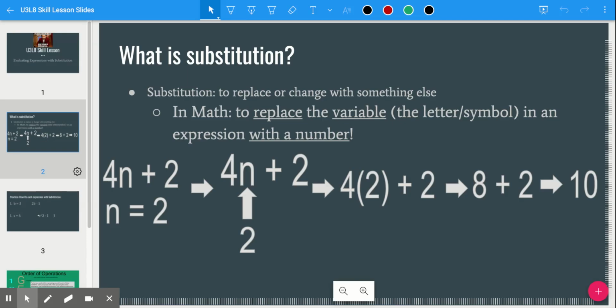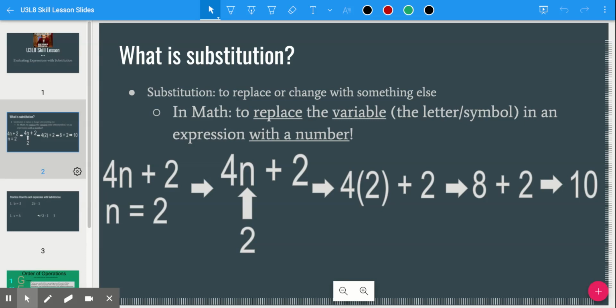First, what is substitution? The definition of substitution is to replace or change with something else. Specifically in math, how we are going to be using it is to replace the variable, which is a letter or symbol, in an expression with a number, with a value.